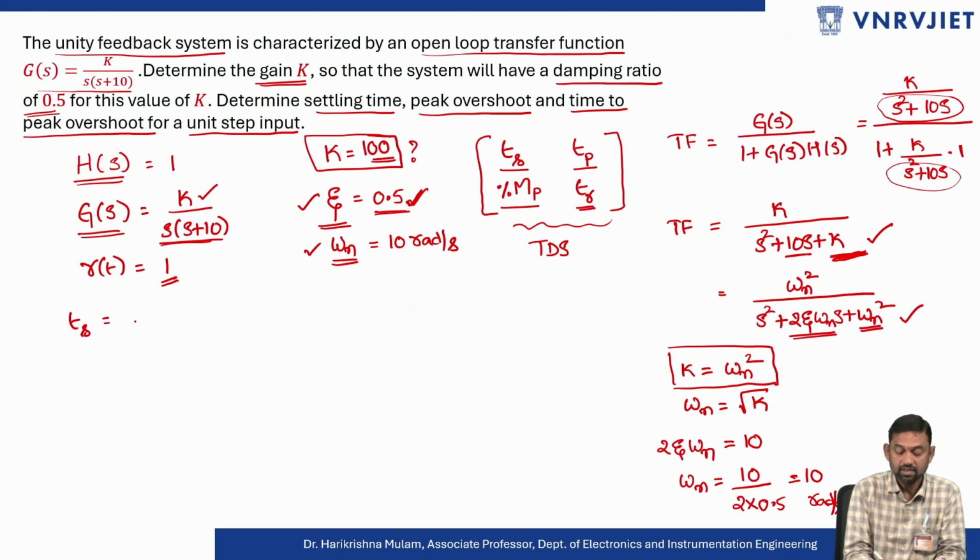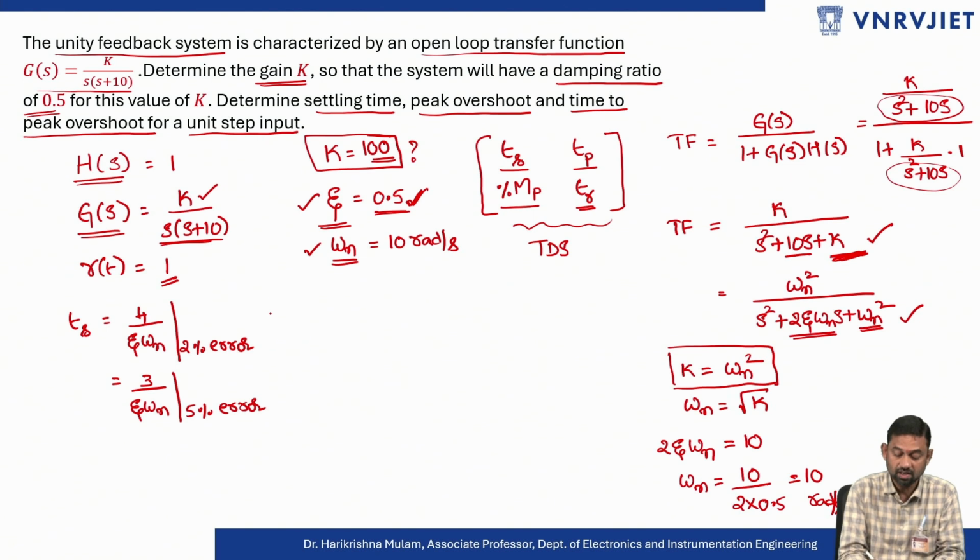Settling time is given by 4 by zeta omega n when you consider 2% error, or it is given by 3 by zeta omega n if you consider 5% steady state error.